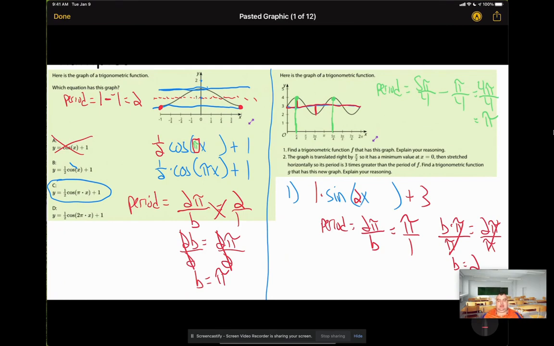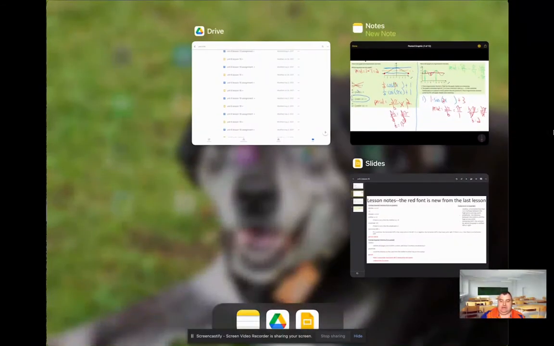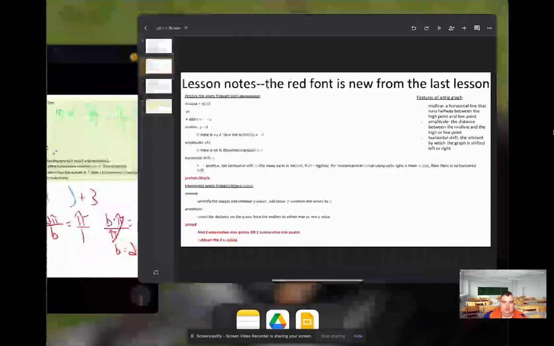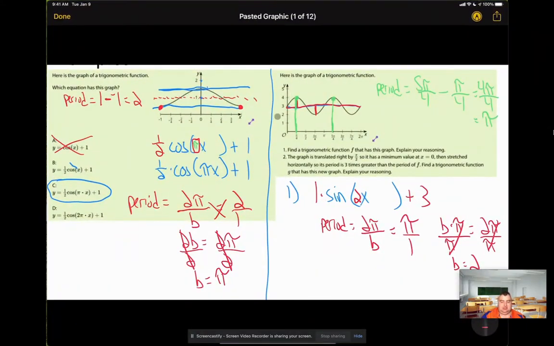Okay, so the only other thing we would have to look at is: is there any horizontal shift? Well, we know that sine starts and ends in the middle. If I had moved this down here, it would be like that if I hadn't done that. So the midline would be 0. It would start and end at 0. In this case, it's starting and ending at 3 because the midline was 3.